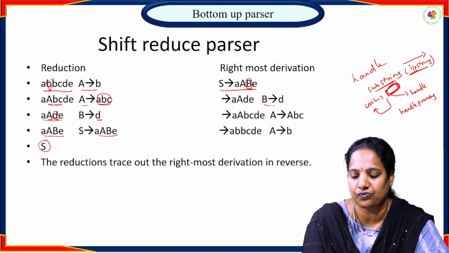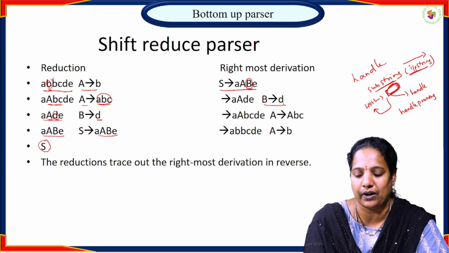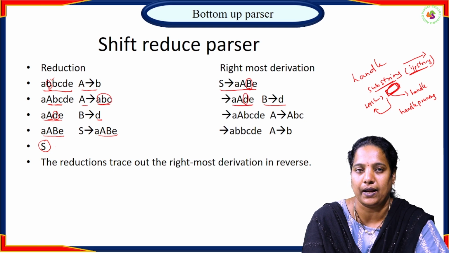And what is the production for B? B tends to D is a production. Then here, in place of B I am writing D. Then your derivation becomes A, D, E.